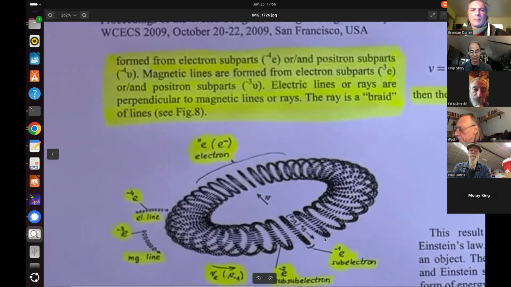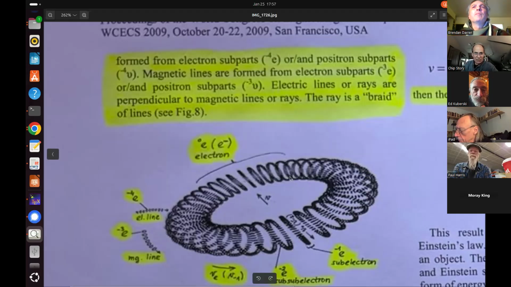I think quarks are going to come in here somewhere too. Magnetic lines are formed from electron subparts and/or positron subparts. So not quarks, but etherons. Yes, even further down. I'm surprised I skipped over the quarks here, but I think they may be completely fractalized. It doesn't need to be described in any other way.